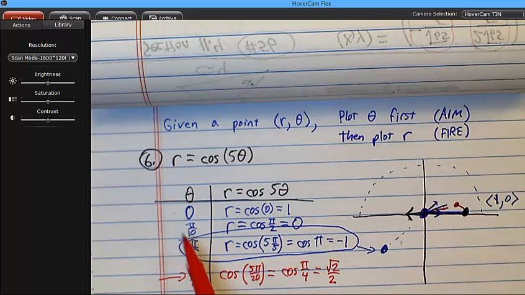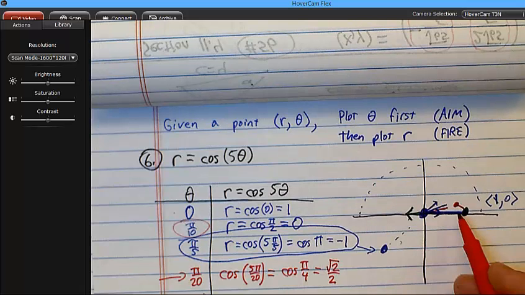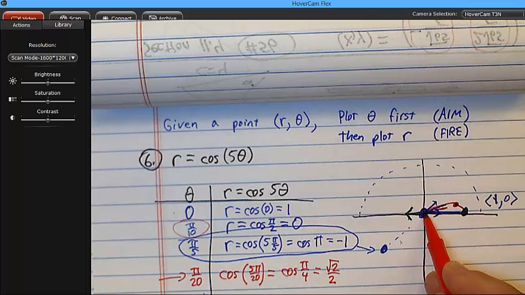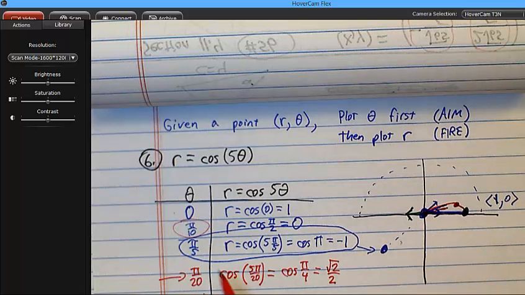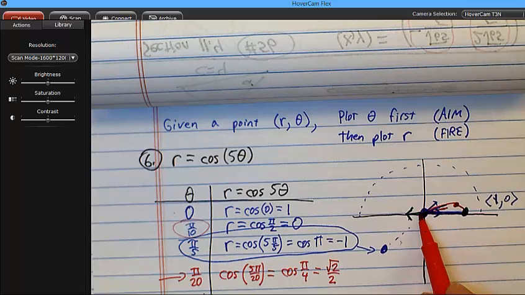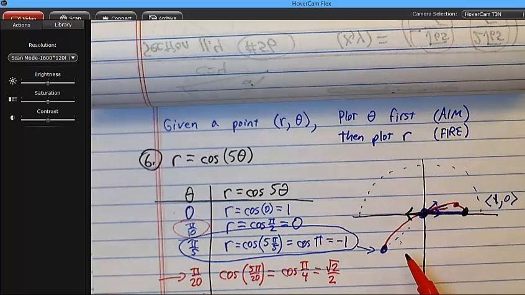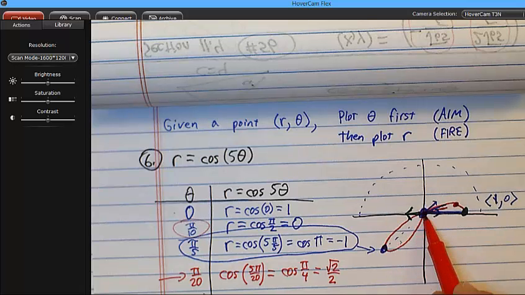By the time we get to pi over 10, my radius is now 0. And so I'm going to get to the origin. By the time I get to pi over 5, we're going to have rotated farther and be in the negatives, and so I'm going to be here. And then what happens is it's going to rotate farther.